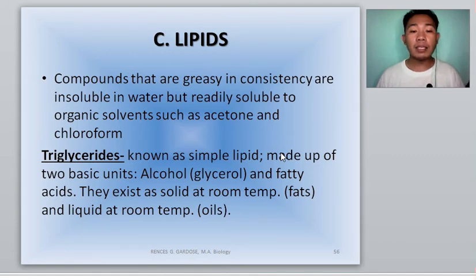Triglycerides are known as a simple lipid that is made up of two basic units: the alcohol, in the form of glycerol, and fatty acids. They exist as solid at room temperature, and these are fats, and liquid at room temperature, and these are oils.